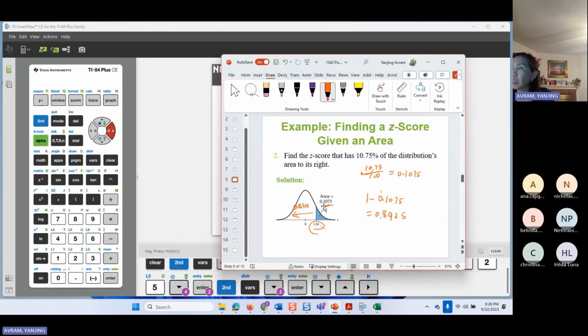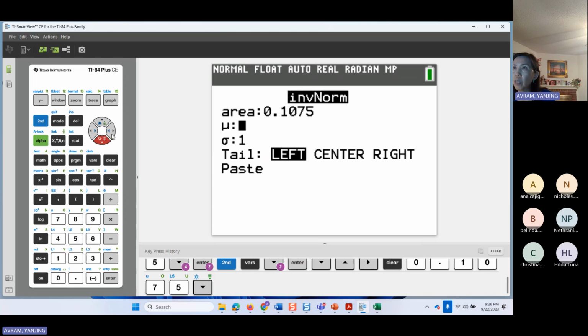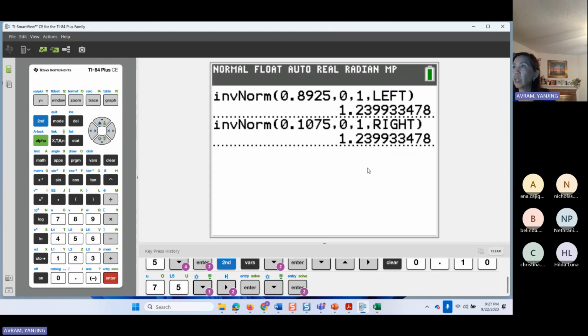Using this bell curve, this is the area to the right, 0.1075. I just need to point out that this is the area to the right, and I don't have to calculate the area to the left. This gives you the same answer. Look at it, these two answers are exactly the same.